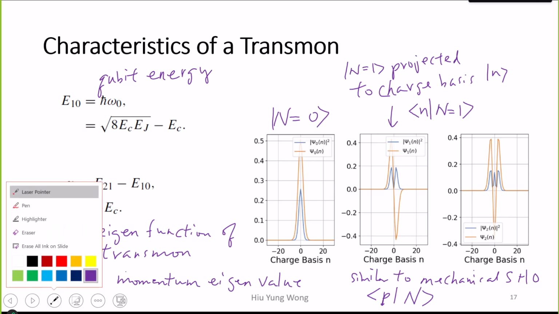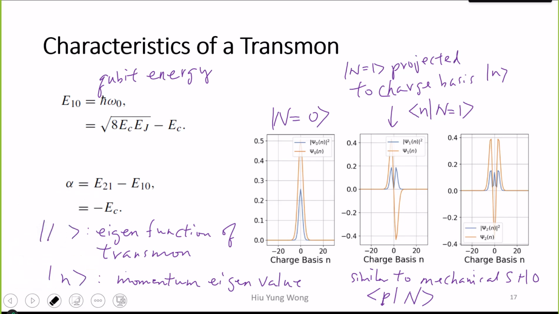Capital N is just a quanta of energy. And what is it in terms of the Qubit pair? It is like this: this much of n equal 0, plus this much of n equal 1, plus this much of n equal -1. So it is a superposition.